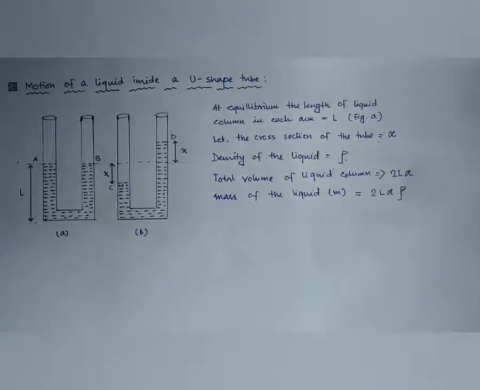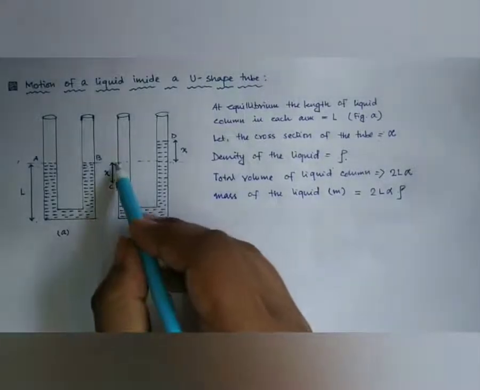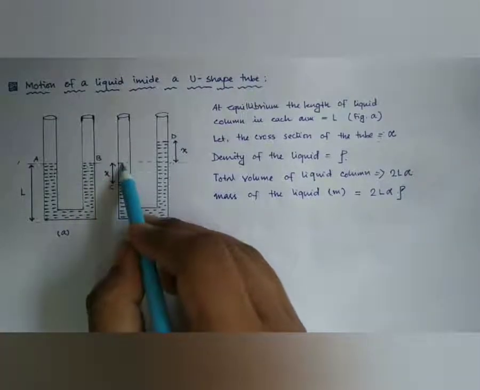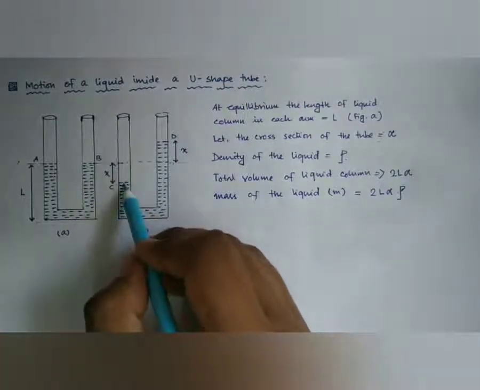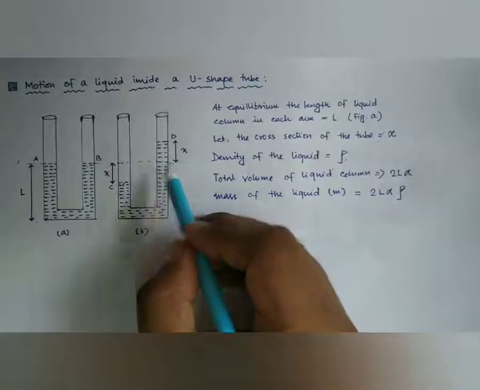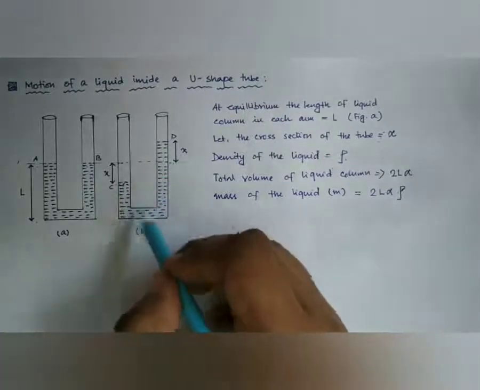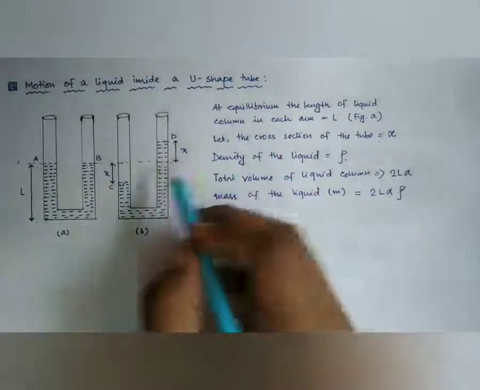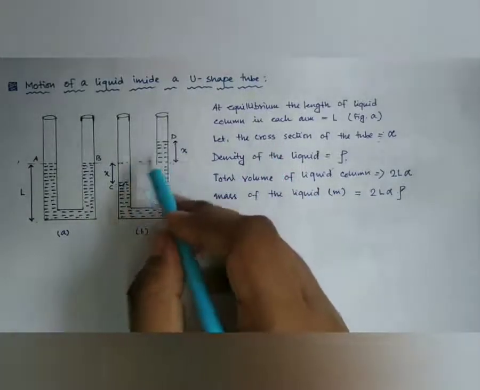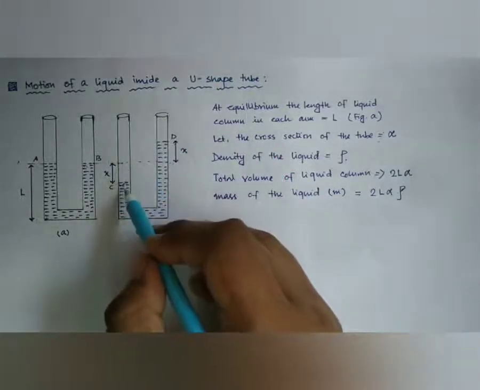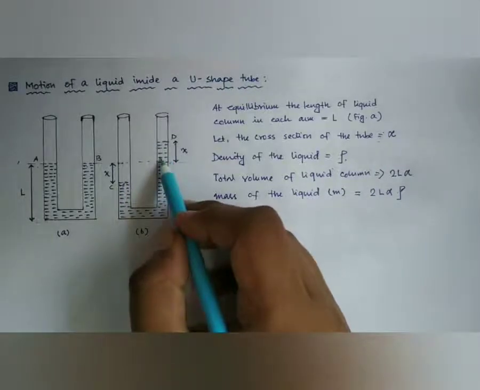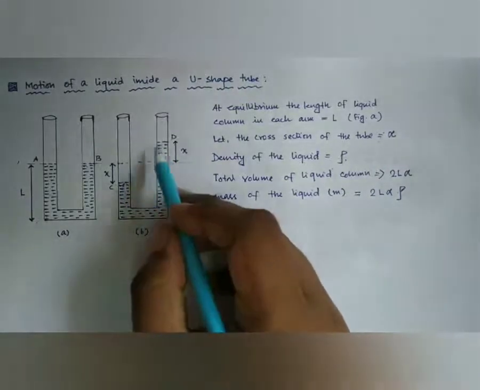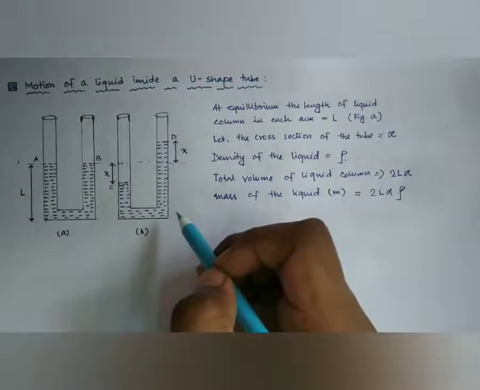So this is the mass of the liquid column inside the U-shaped tube. Now look here, from the initial position the column goes down by a length x, and similarly, due to its uniform cross section, it goes up by the same length x in the right arm. So the difference of length is x and x, 2x. So due to this difference of length, a pressure gradient will be there.